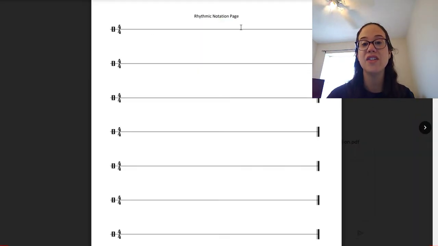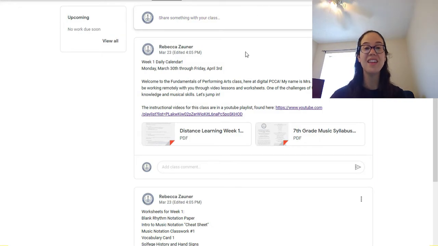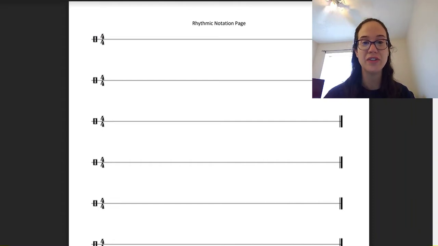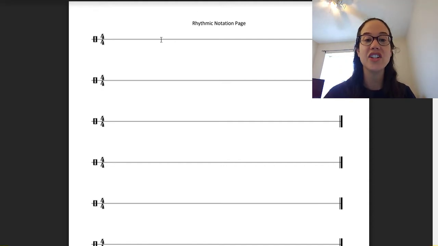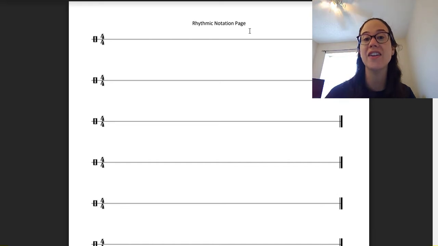This allows us to do rhythmic notation and write rhythms for the first time. If you have it and a pencil, then you're ready to go. You can see I have it pulled up on this page. And what we're going to be doing with this is working with 2 types of notes today. This is essentially just blank sheet music waiting for us to add the notes.